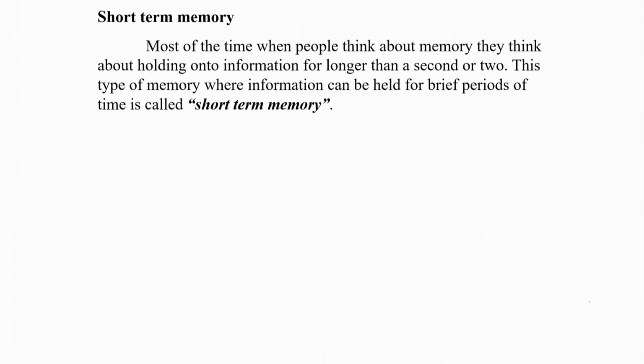Starting with the definition of what it really means, short term memory is a type of memory which people use for temporarily holding information. Think of a scenario like this: you are on a call talking to someone, and within the call itself a number is given to you by the caller.